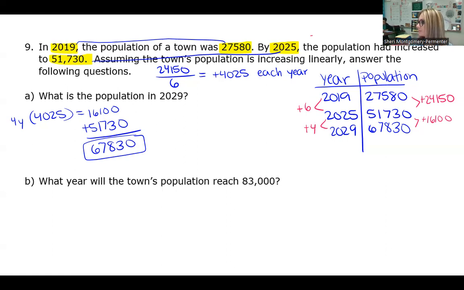Bella, what'd you get? What is that? Do what? Why? So maybe you just need to add one more year? Eduardo, what'd you get?